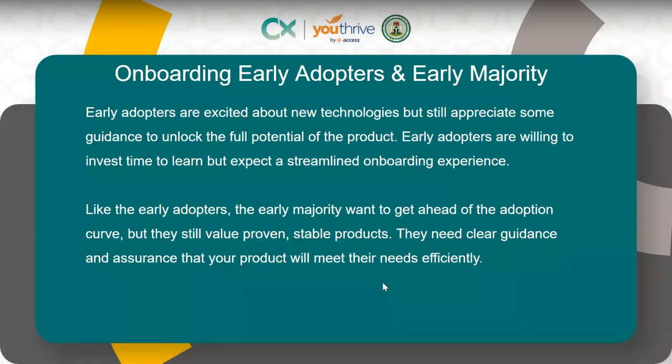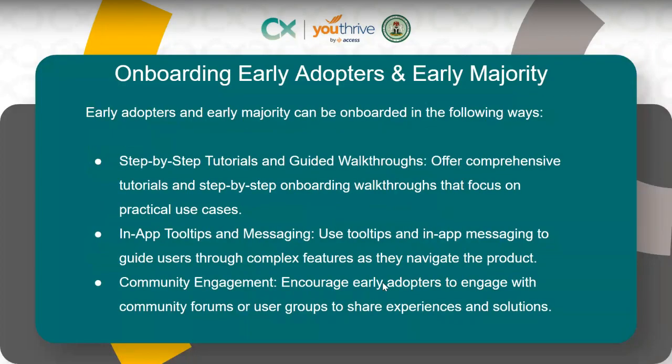They want to get ahead of the adoption curve, but they still value proven, stable products. They need clear guidance and assurance that your product will meet their needs efficiently. So you need to assure them of this.